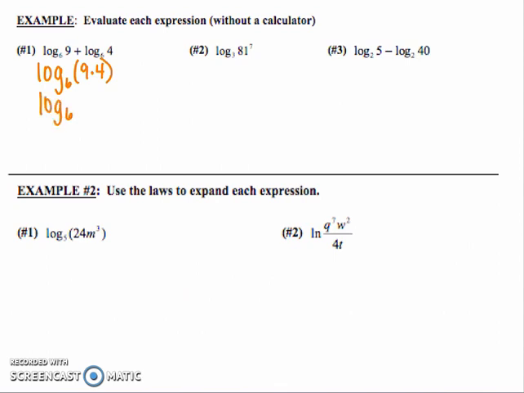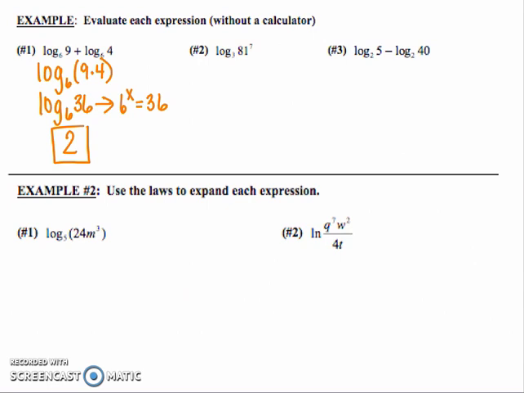So we can write log base 6 of 36. And then we can think about this as an exponent. Log base 6 of 36 is asking 6 to what power is 36? And we know that 6 squared is 36. So this expression simplifies to 2.